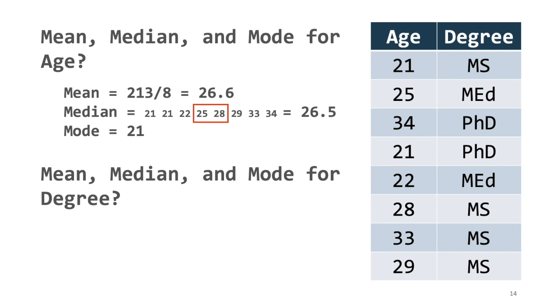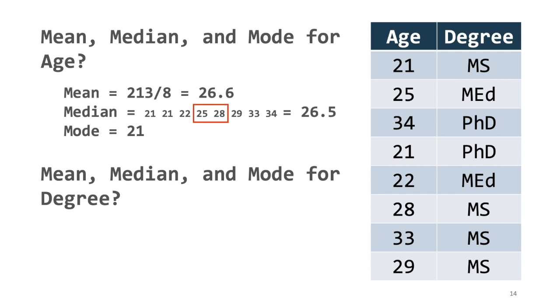Can we consider this ordinal? At first glance, maybe we think, yeah, there's an order to it. But the question is, a master in science or a master of education, which one's higher of those two? Probably neither. So this one is just purely nominal. There's no order to it.